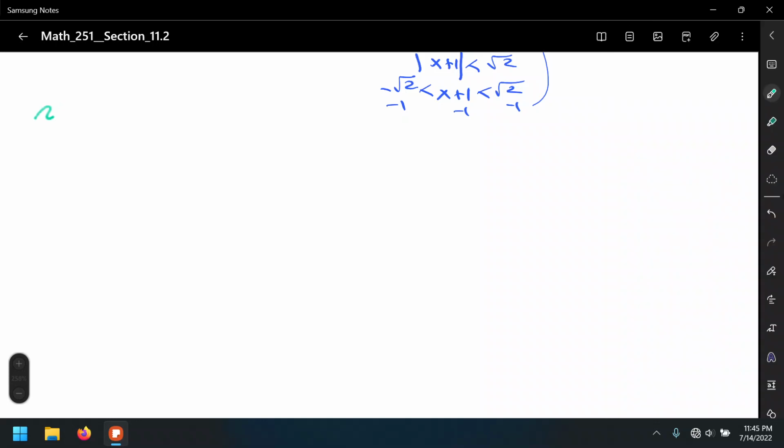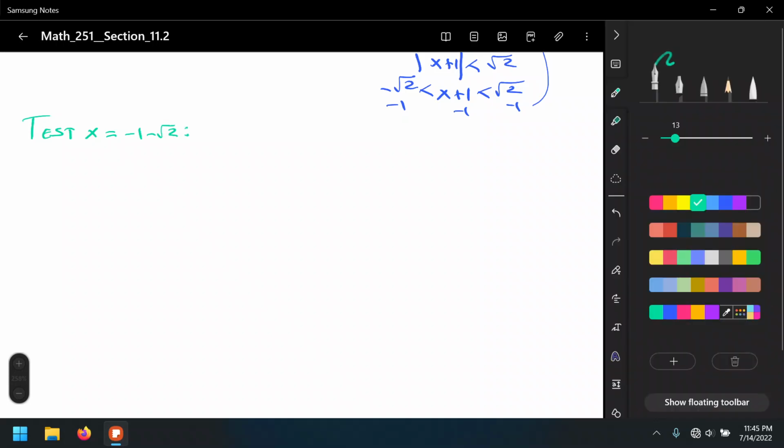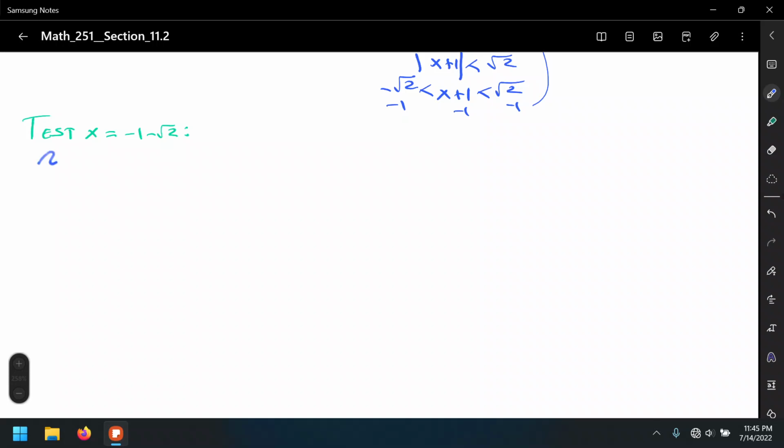So, test x equals the lower endpoint, which is negative 1 minus root of 2. Let's do the testing. So that's the sum from n equals 1 to infinity of n squared times negative 1 minus root of 2 plus 1 to the 2n divided by 2 to the n.